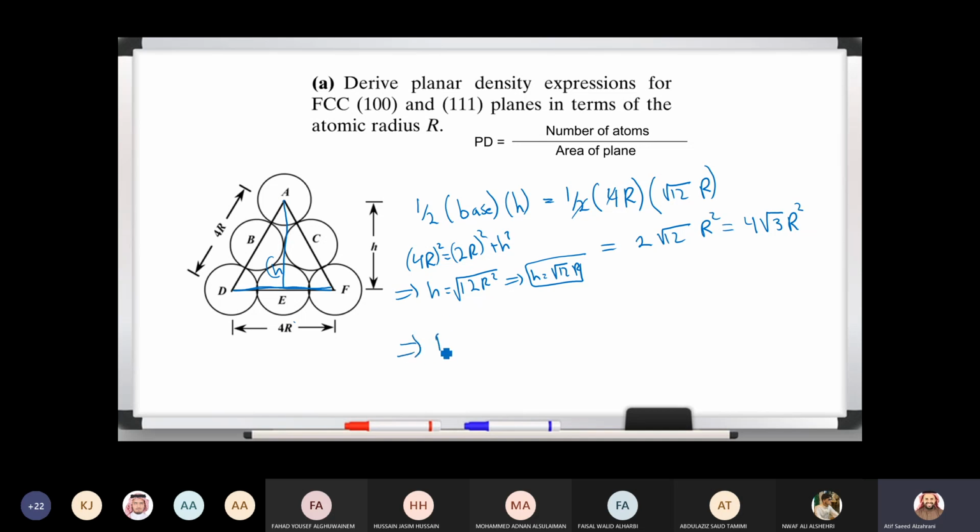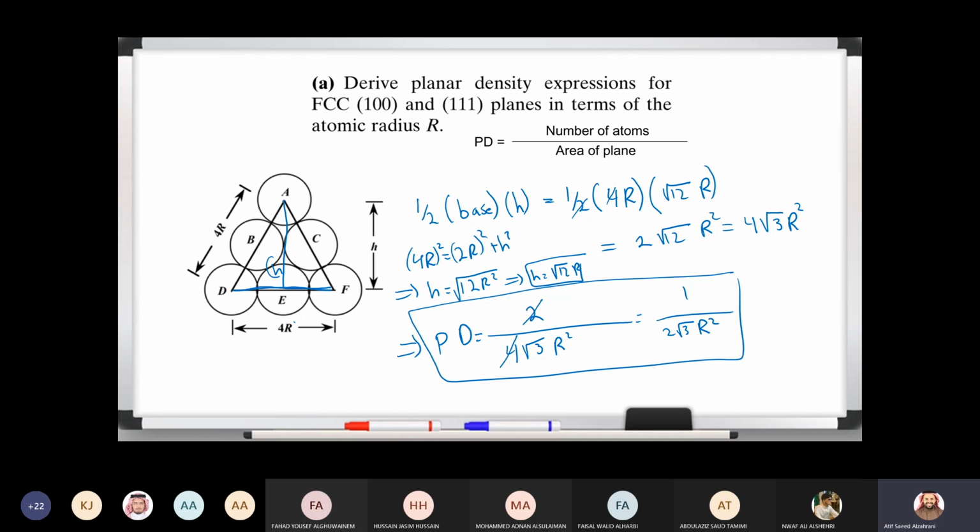Finally, we find out the planar density. We say that it's 2 atoms, and the area is 4 square root of 3R squared. So we can cancel out these things. So 1 over 2 square root of 3R squared. So this is the planar density.